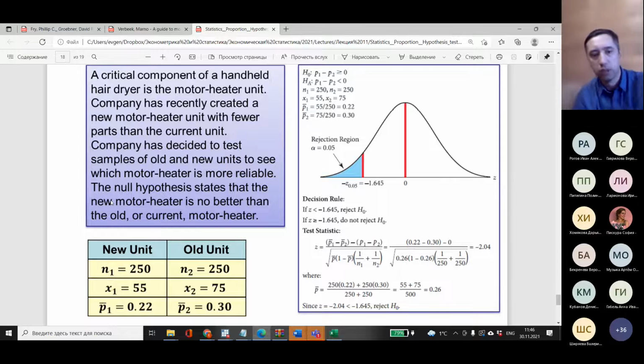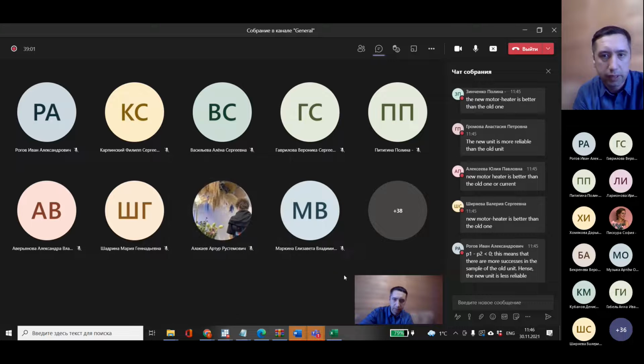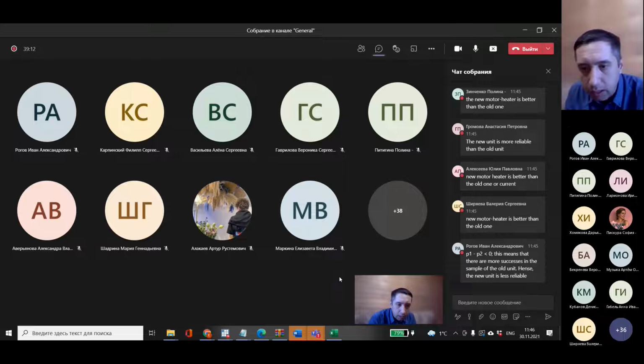What you have to do is tell whether, for example, the new motor heater is better than the old one. And that's it. Just one short simple sentence, or you can say our research shows that the new motor heater is better than the old one. That's it.